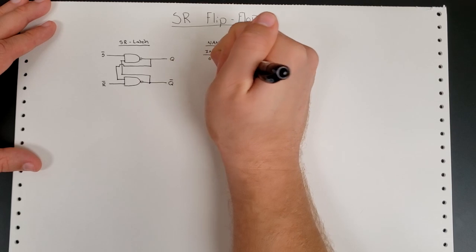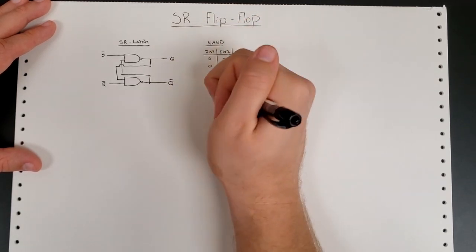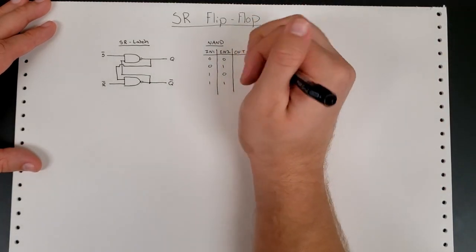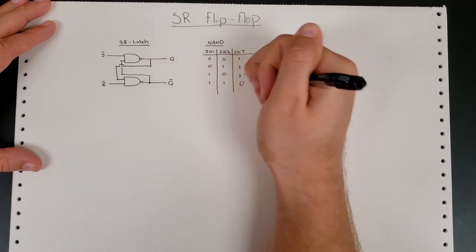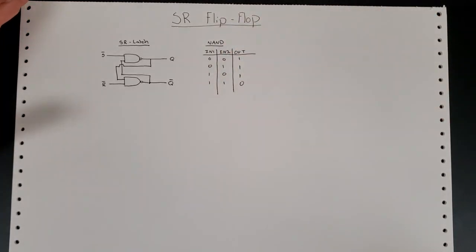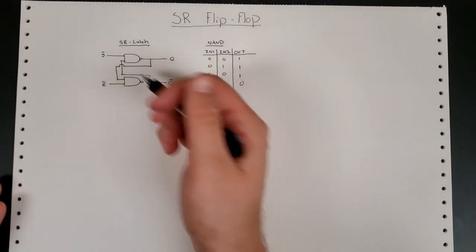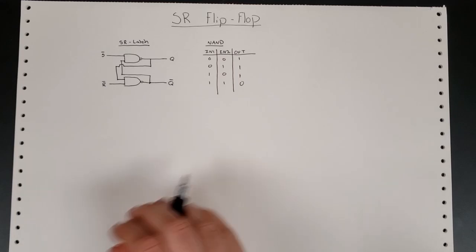We can have 4 combinations of different inputs, and the output of a NAND gate will be 1, 1, 1, 0. You can refer to your manual from last week if you don't remember exactly where this truth table comes from. But it is important when we're talking about this SR latch because it involves NAND gates, so we'll need to remember this information.